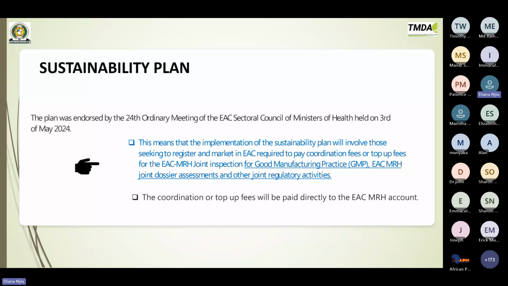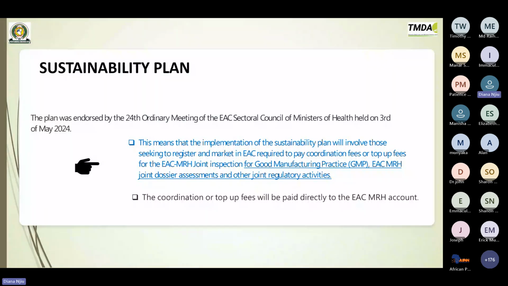The endorsement was done on 3rd May 2024, and there have been ongoing efforts to ensure that all member states are sensitized about this and to implement what has been agreed. The coordination or top-up fees will be paid direct to the EAC MRH account to sustain the program for the time being, as one of the agreed directives.